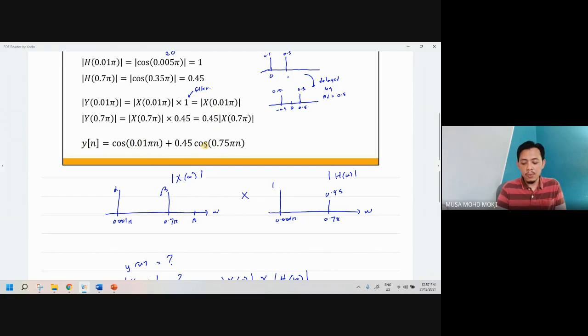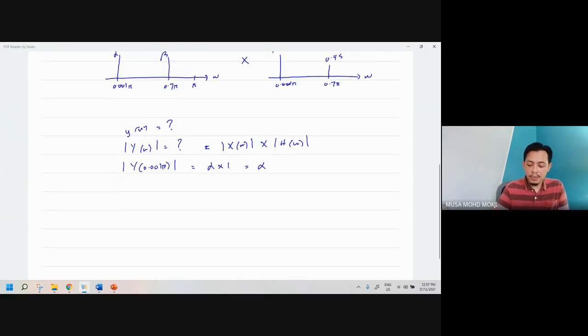The amplitude of the second term is reduced by, 4.5 is how many? 55%. Okay, so the amplitude has been reduced by 55%.